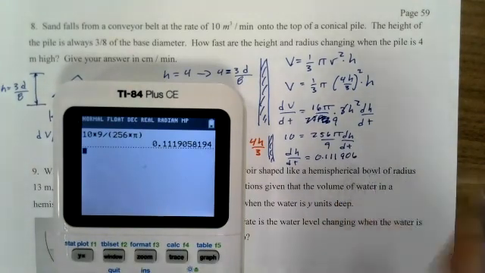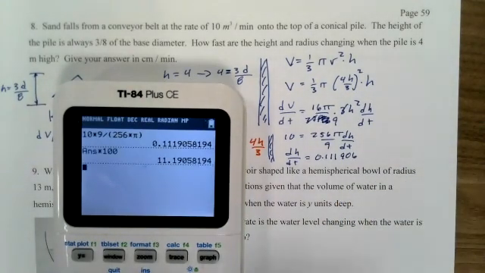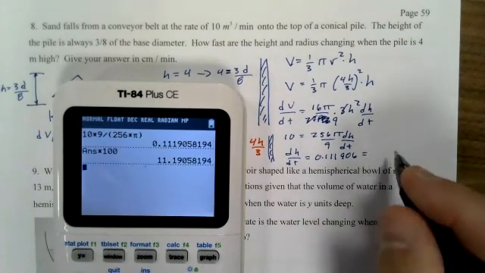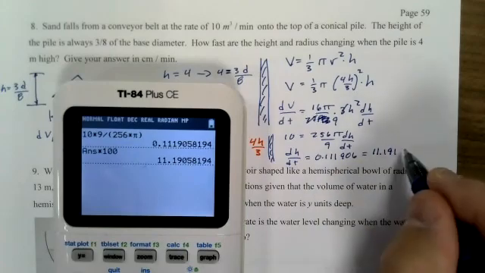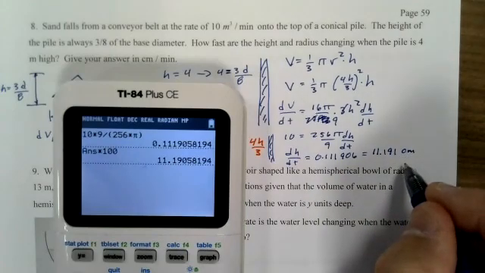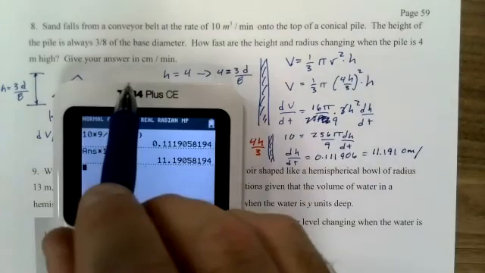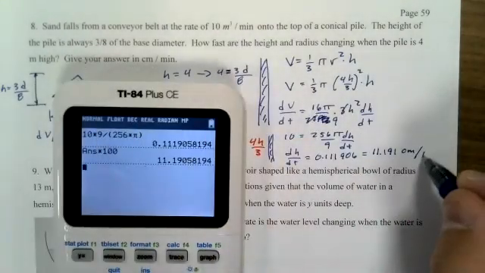Why all the decimals? You'll see, times 100 because we want it in centimeters, equals 11.191 height centimeters per minute. The units of time are still the same. Minute, yes.